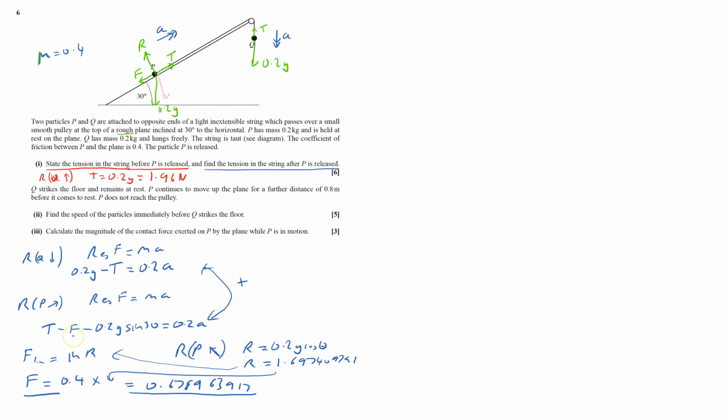So that gives me 0.2 g minus F minus 0.2 g sine theta, and that comes to minus 1.6589, and that will equal 0.4 A. And that will come to A equals 0.752509, but that's not what I wanted.